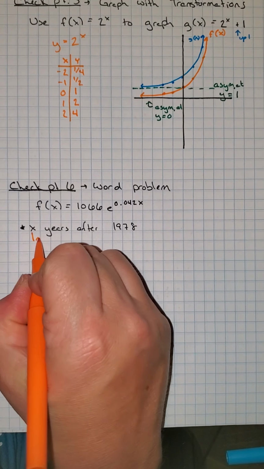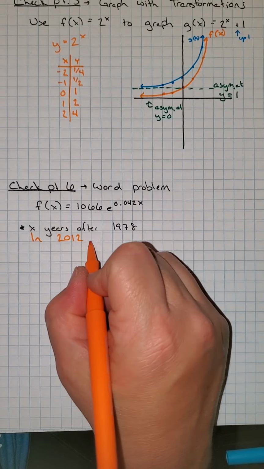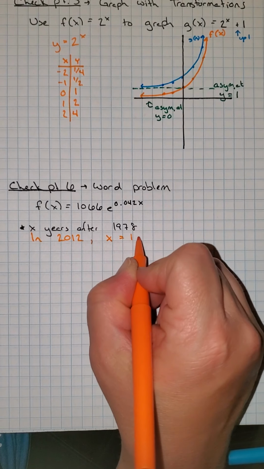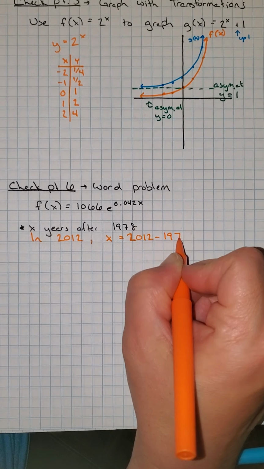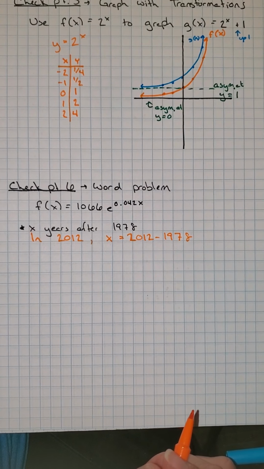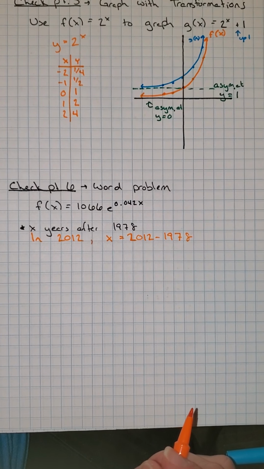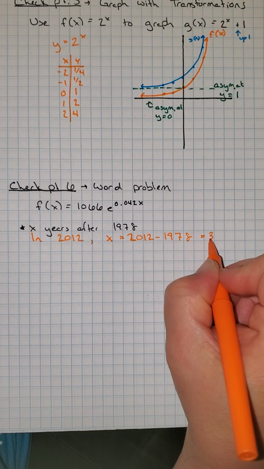All right, so in 2012, x would equal whatever 2012 minus 1978 is. Since I'm doing all these from scratch, you have 34.